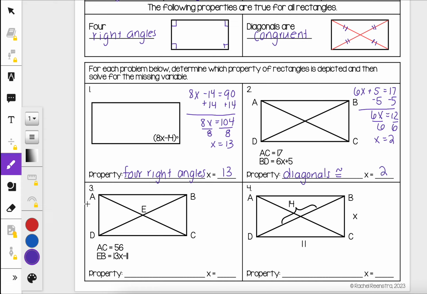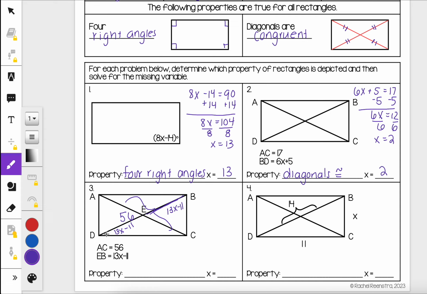And for number three, AC is my whole diagonal here, that's 56. All right, so this whole thing here is 56. And then EB, this piece here, is 13x minus 11. Now this one's a little tricky, but I know that because this is a parallelogram, if EB is 13x minus 11, then ED is also 13x minus 11.